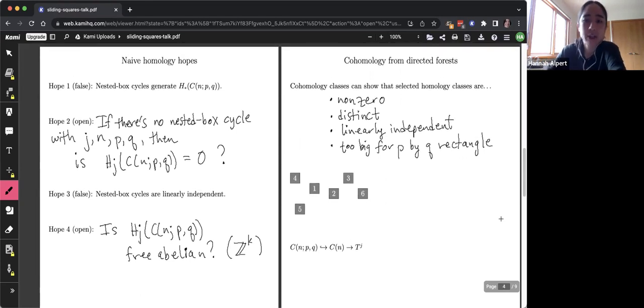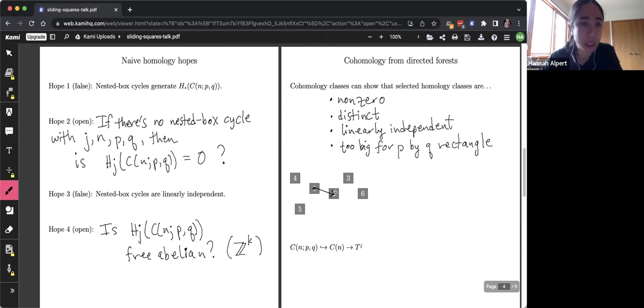So here's how I think of cohomology. What I do is I take pairs of boxes and I keep track of the vectors between them. So here I'm going to draw a vector from box 1 to box 2. That's going to be a non-zero vector, so I can normalize it to unit length and I get something in a unit circle.